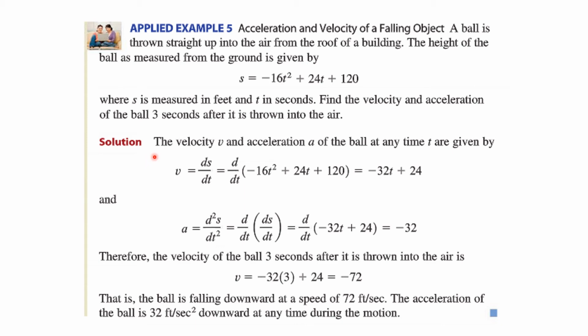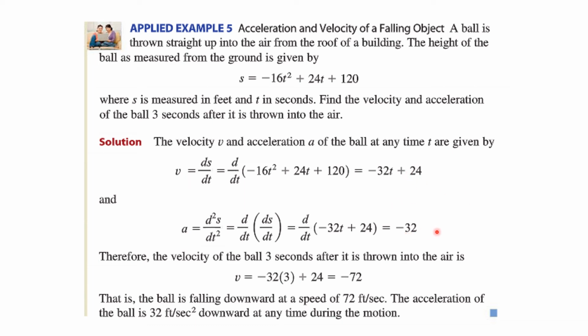So the velocity is going to be found by taking the derivative with respect to t of this function. So you're going to get minus 32t plus 24. And the acceleration is going to be the second derivative of this function, the derivative of the first derivative. So we'll get minus 32.